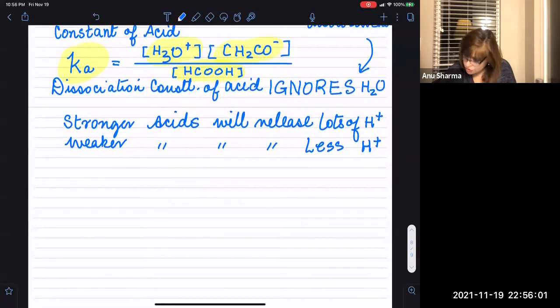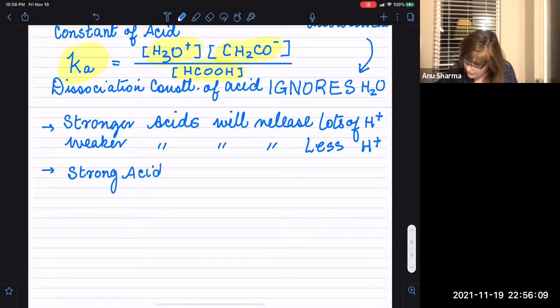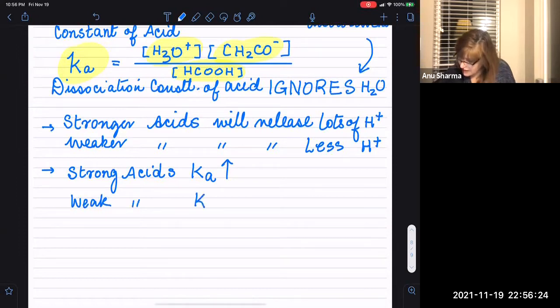That's one thing. So next, the strong acids. From this equation, as you can see, strong acids will have a large value of Ka. Weak acids, the Ka value is going to be small.